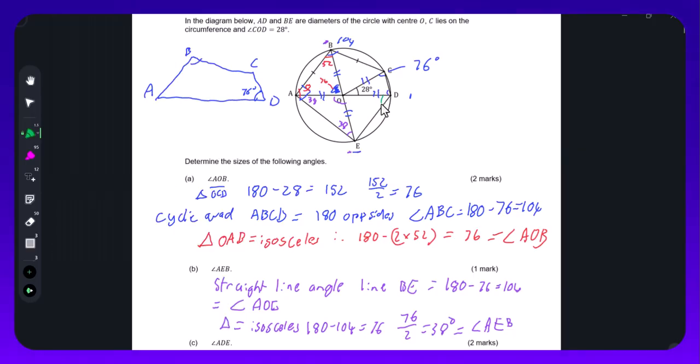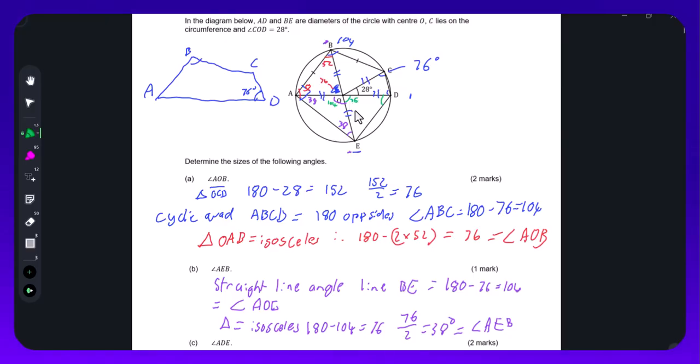AED is going to be this one in here. And to get that one again we can see that it's got two radii, line OE and line OD. So we know it's an isosceles triangle. Again, we can just use our straight line. I forgot to write that from that previous one. That's 104, and therefore this one will be 76.